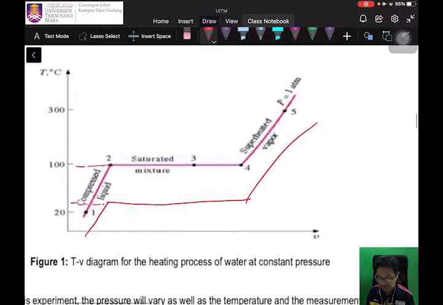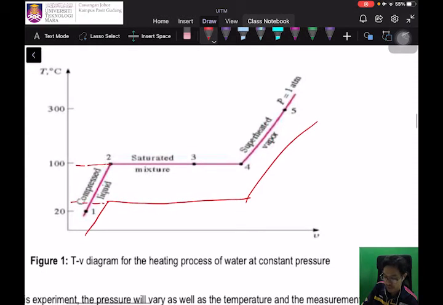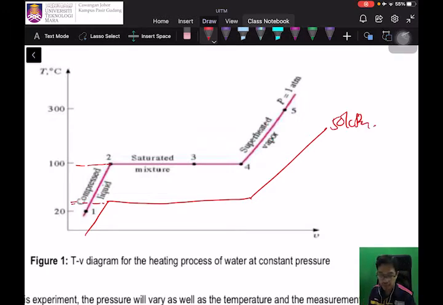This is because the energy to break the bond is also different. Most likely the temperature will be lower because you will experience lower pressure here. So let's say this is 0.5 atm, or I said 50 kPa first. So the corresponding saturated point temperature will be lower.